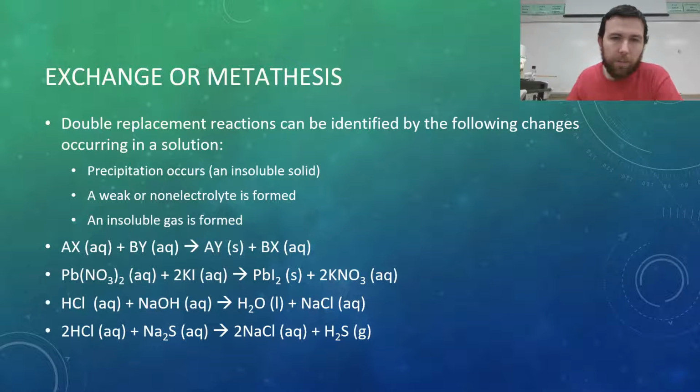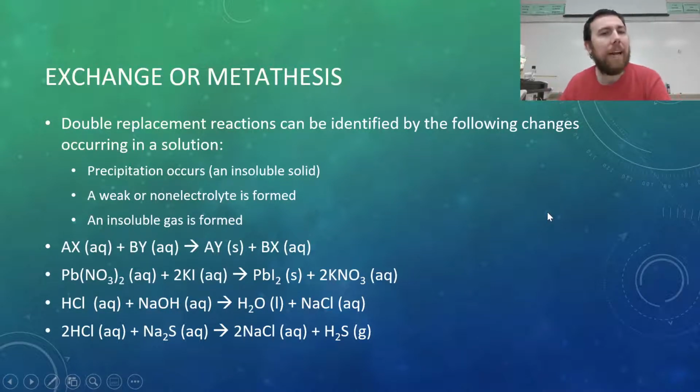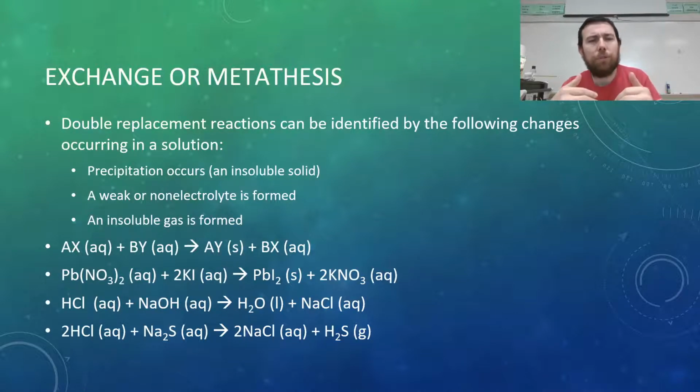It's going to produce gas bubbles. They're going to escape into the air, right? So in this case, we've got that insoluble gas that's been formed as a result of this particular process. And so hopefully that gives you some examples that show those different types of metathesis processes.